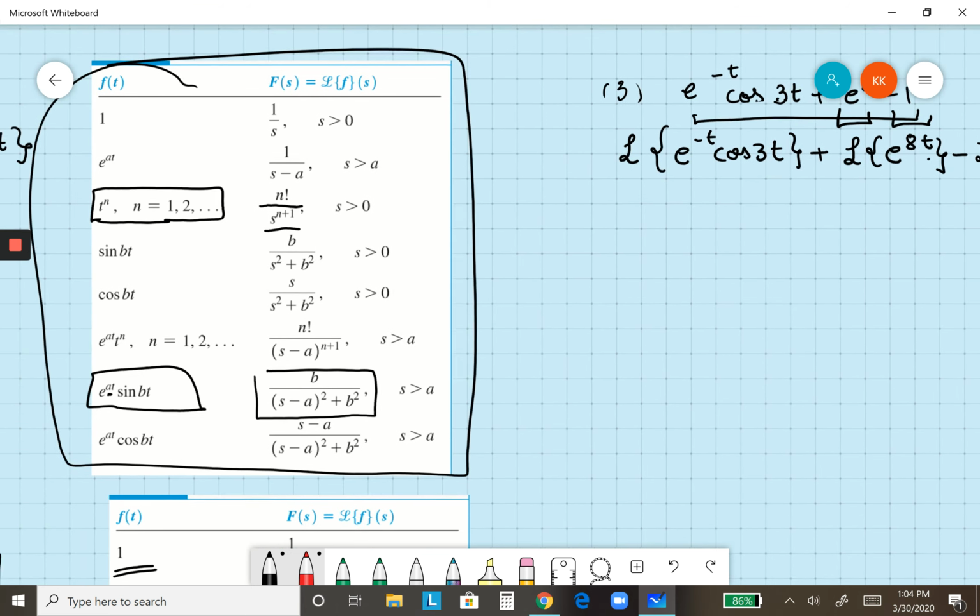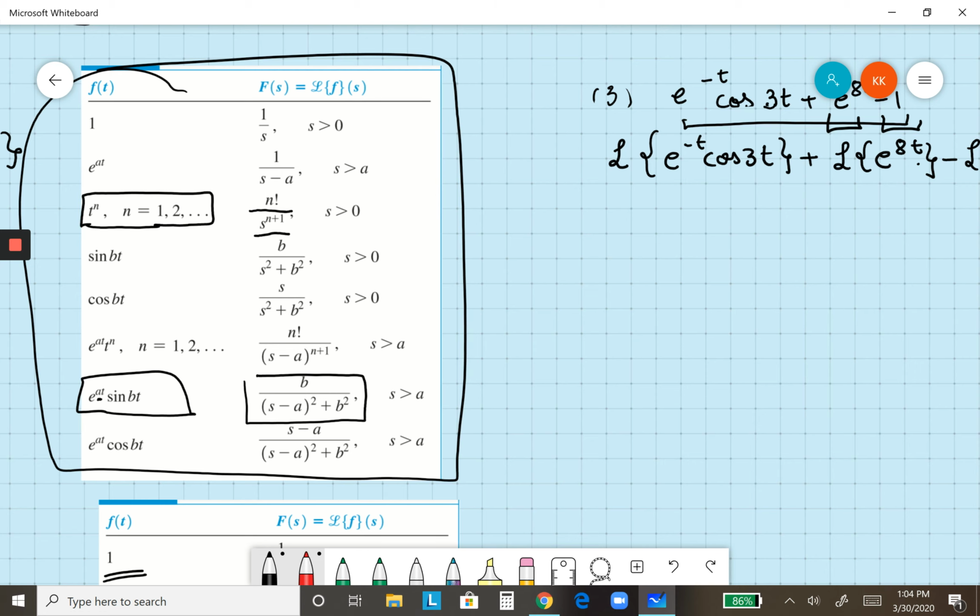So looking at our table, we know that this is the last point on the table, which is e raised to power at cosine bt. So our transform will be s minus a over s minus a whole squared plus b squared. In this case, our a is -1 and b is 3.